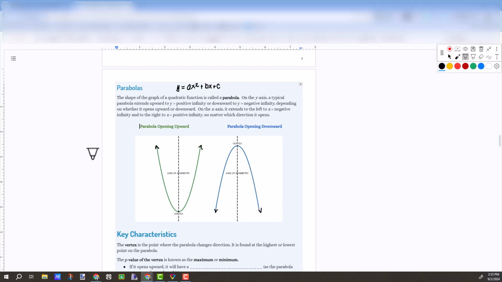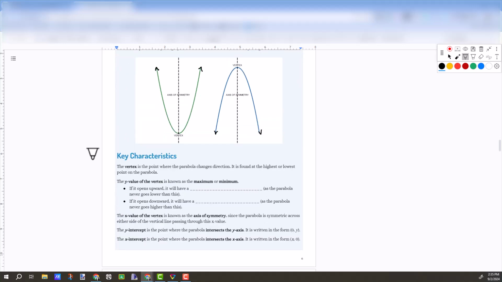Well, some key characteristics of parabolas are, regardless of whether they're opening up or down, they have a vertex. And the vertex is where the parabola changes direction. So for opening up, this would be the vertex right here.